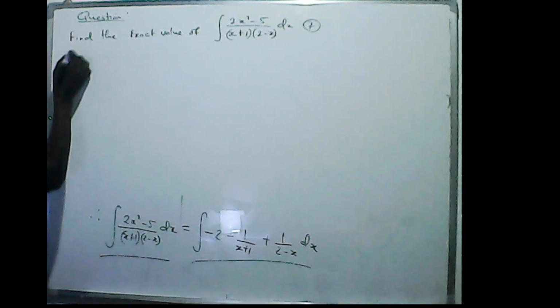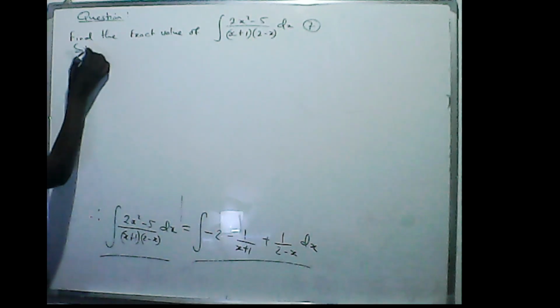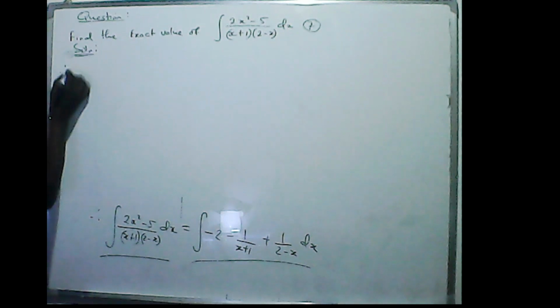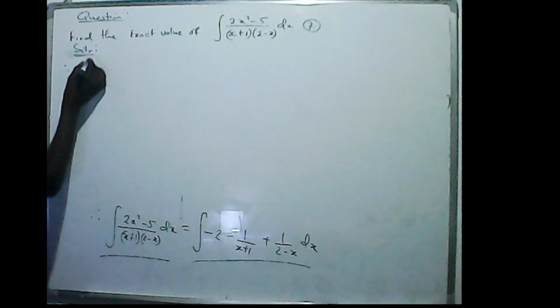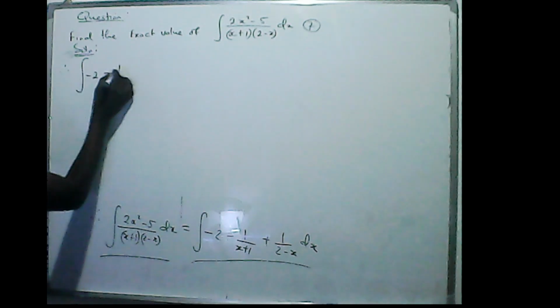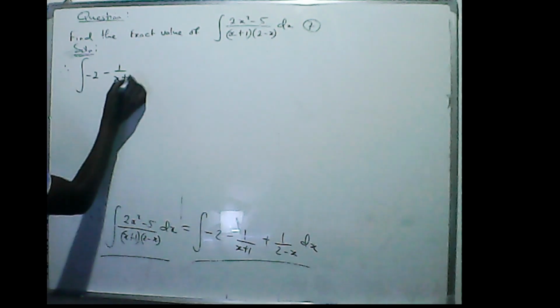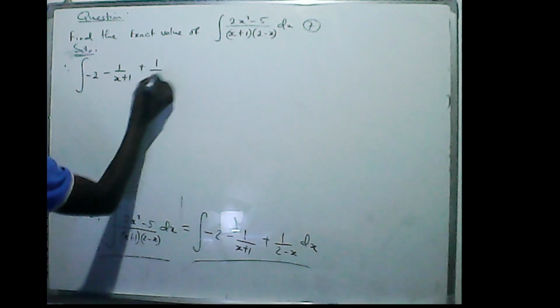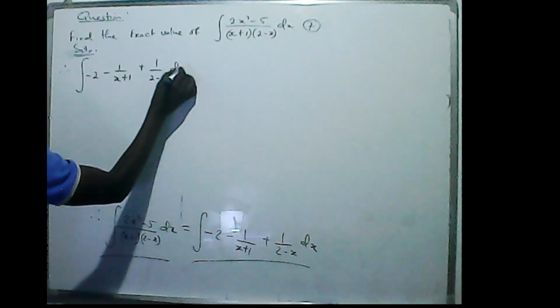Now, therefore, we have the integral of negative 2 minus 1 over x plus 1 plus 1 over 2 minus x dx.